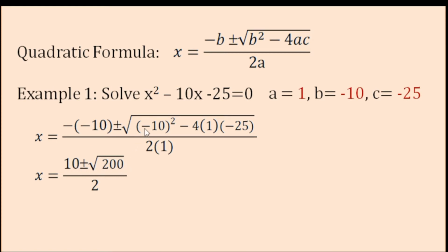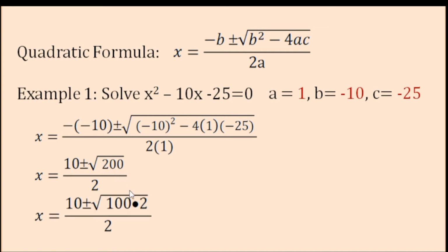Why 200? Because we have here negative 10 squared is 100, and then negative 4 times 1 times negative 25, that's also 100. So 100 plus 100 is 200. Now, to simplify furthermore, we can factor 200 in such a way that one of the factors is a perfect square.